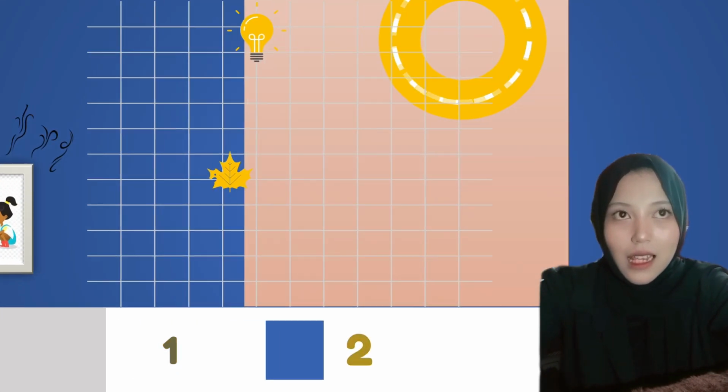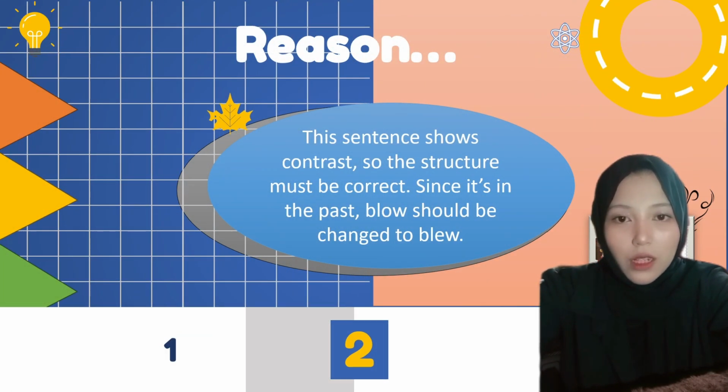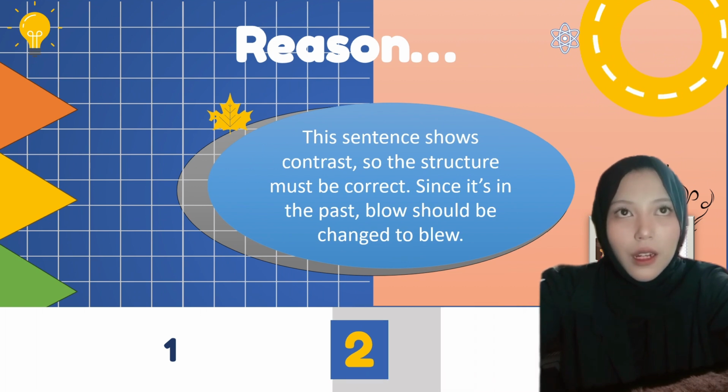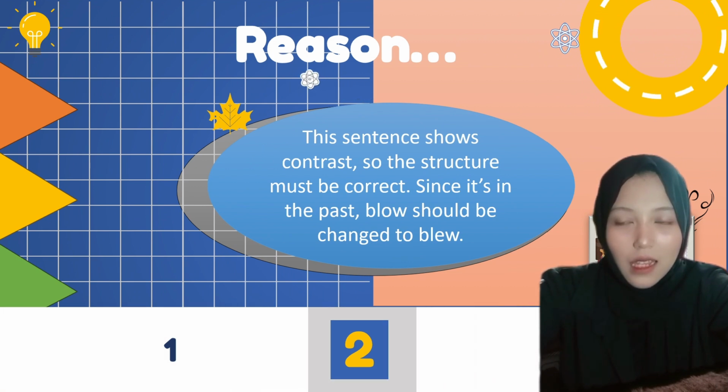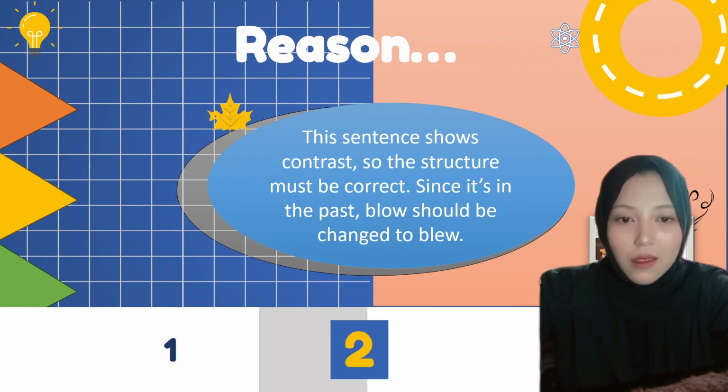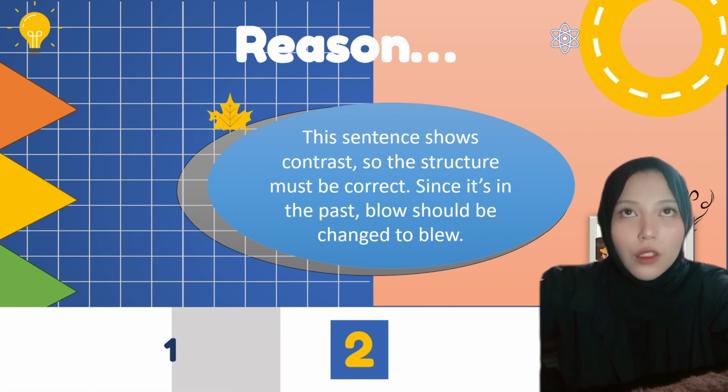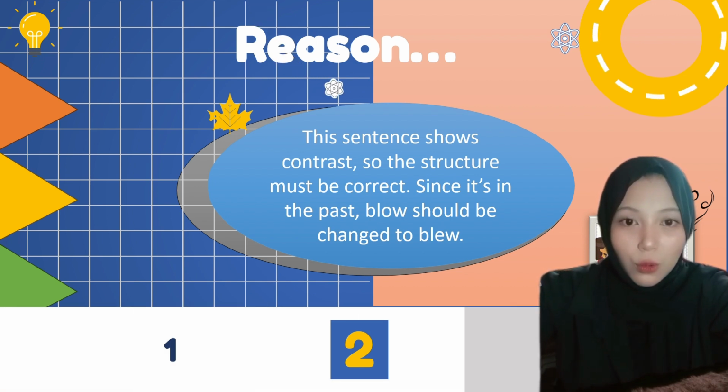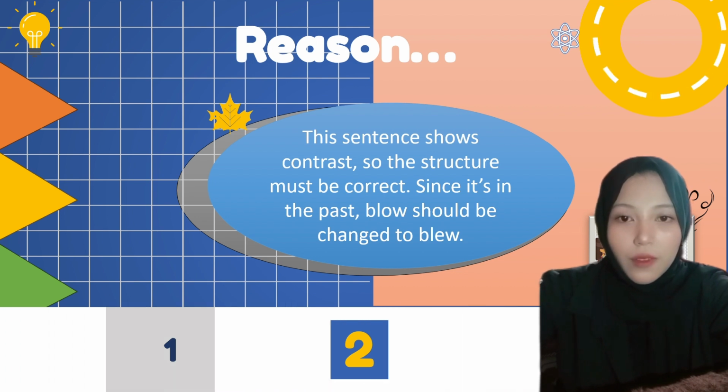Reason, this sentence is in the past so the structure must be correct. Since it is in the past, blow should be changed to blew.